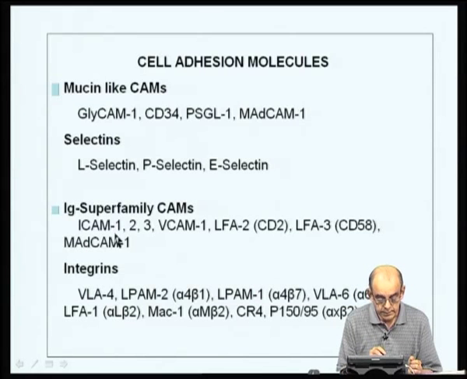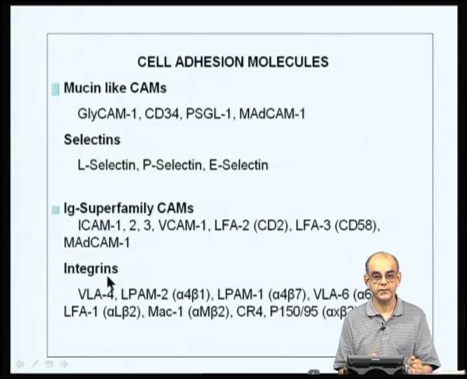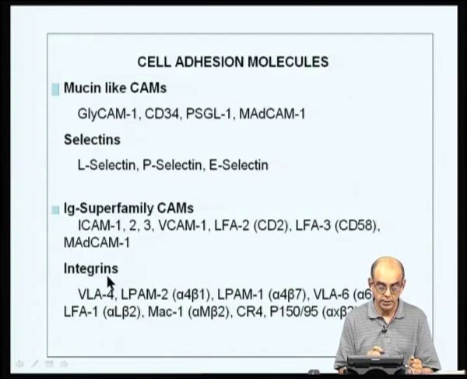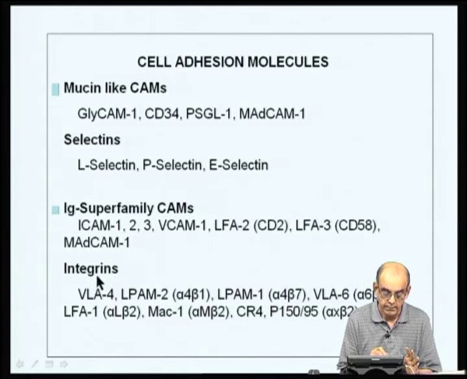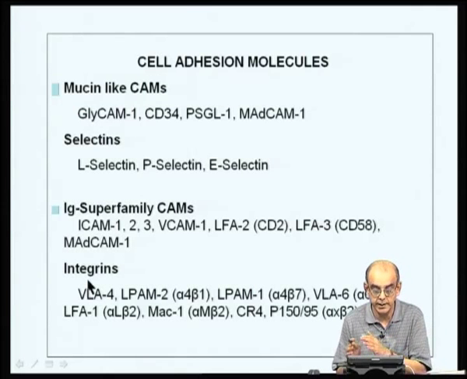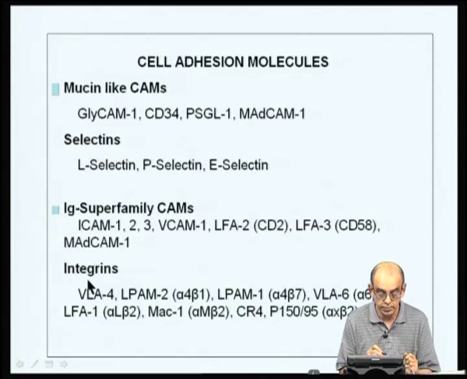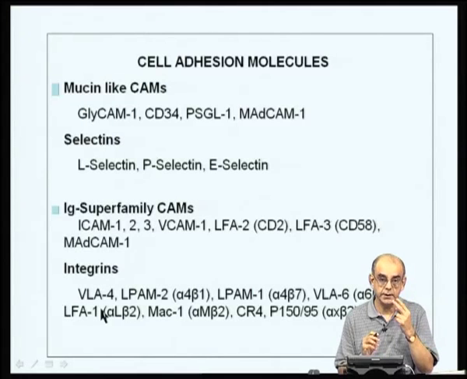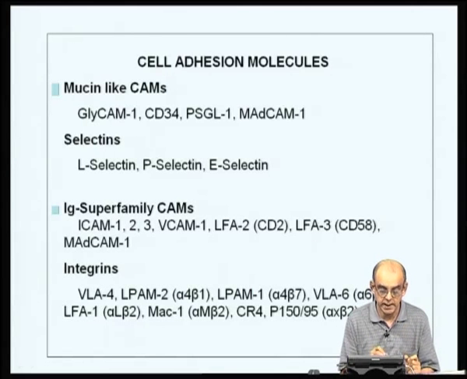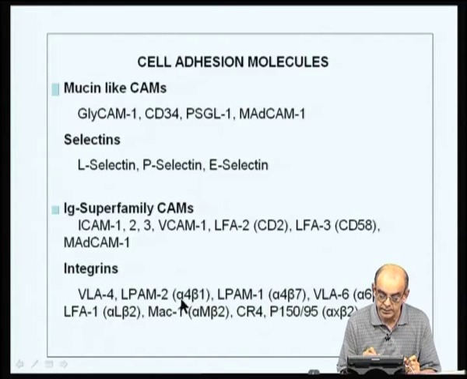So, in addition to this family, you have what are called the integrin family of cell adhesion molecules. There are different members of this integrin family, and the classification of the integrins into various subgroups actually depends upon the expression of the subunits, which is actually a heterodimer consisting of an alpha subunit and a beta subunit.